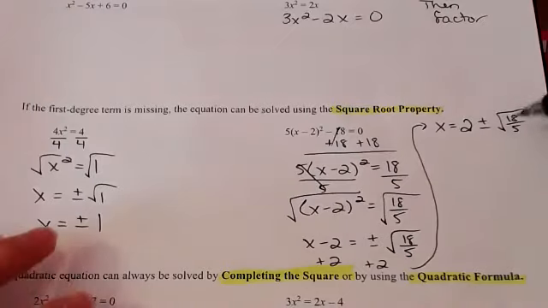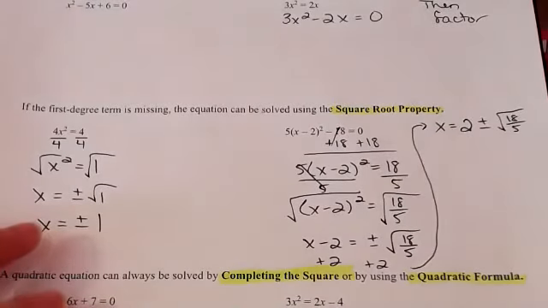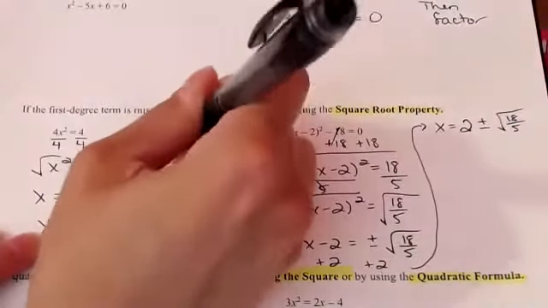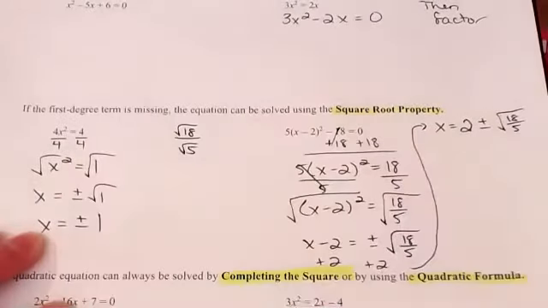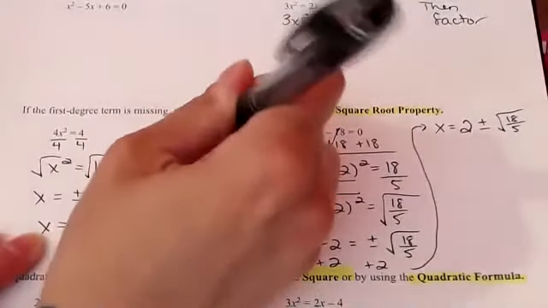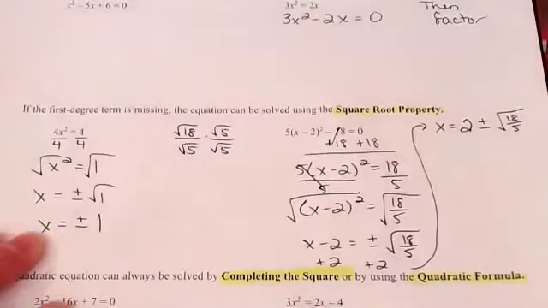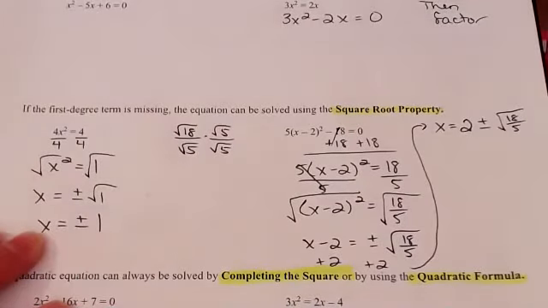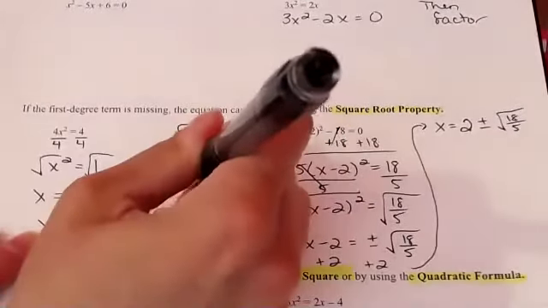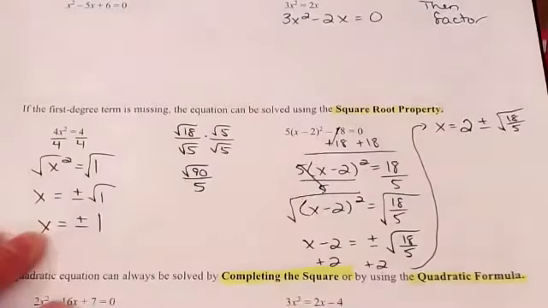As a reminder of how to rationalize, if you take that square root of 18 and write it over the square root of 5, all you have to do is multiply by the denominator. Remember that? So we multiply by square root of 5 over square root of 5. 18 times 5 gives me 90, so square root of 90 over 5.